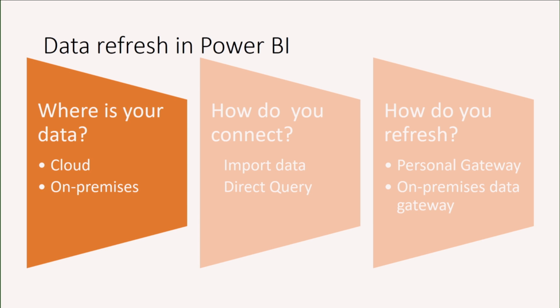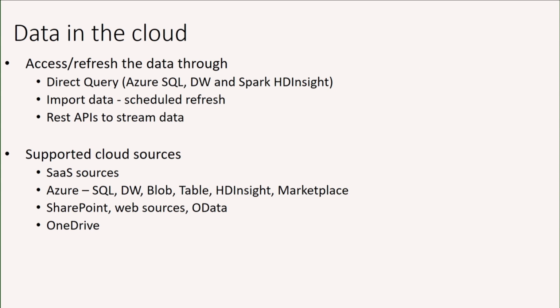So first, where's your data? Many enterprises still have their data on premises, and many small organizations and even enterprises have already made the move to the cloud. So your data could be either on the cloud or on premises. If your data was on the cloud, in Power BI, we do support both modes.